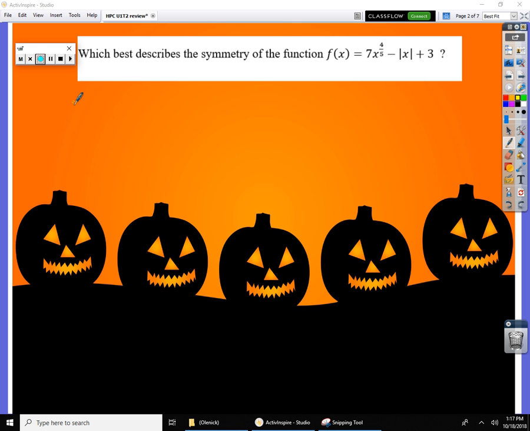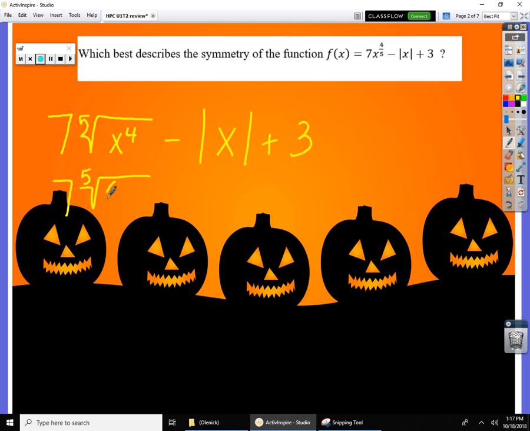So, this translates to 7 times the fifth root of x to the fourth power minus the absolute value of x plus 3. I went from power function, so exponential form, to radical form. Everyone okay? All right, so now I'm going to do 7, the fifth root of negative x to the fourth power minus the absolute value of negative x plus 3.